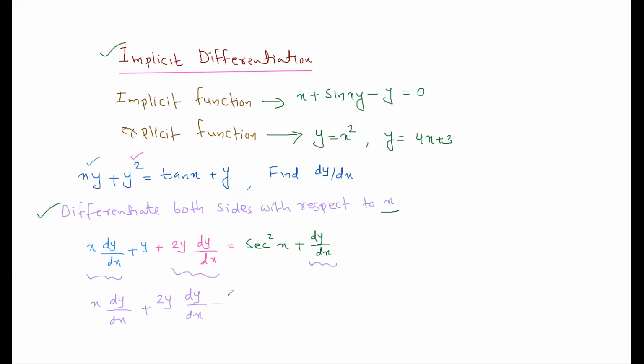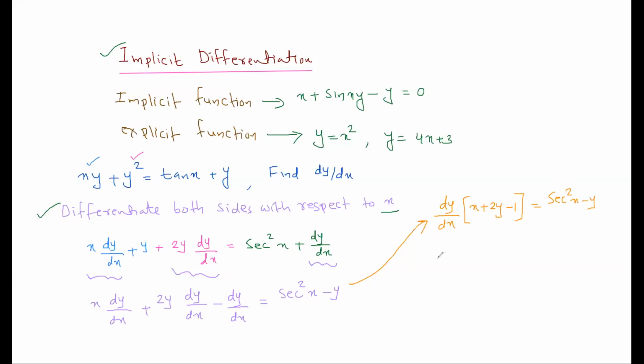Then the right side dy by dx comes to the left side, that is minus dy by dx, equal to sec square x, which was already on the right side, and the plus y on the left side goes to the right as minus y. Now on the left side you can take dy by dx common: dy by dx into x plus 2y minus 1 is equal to sec square x minus y.